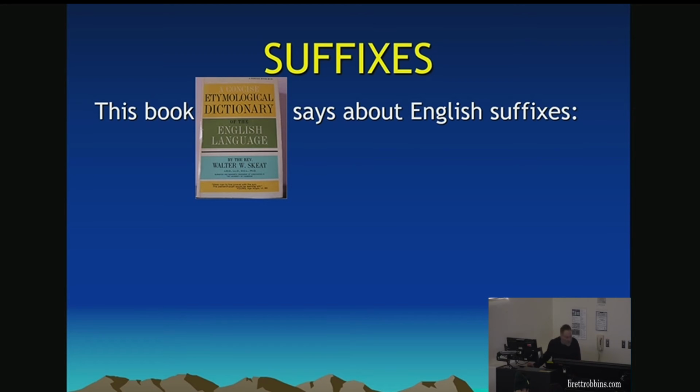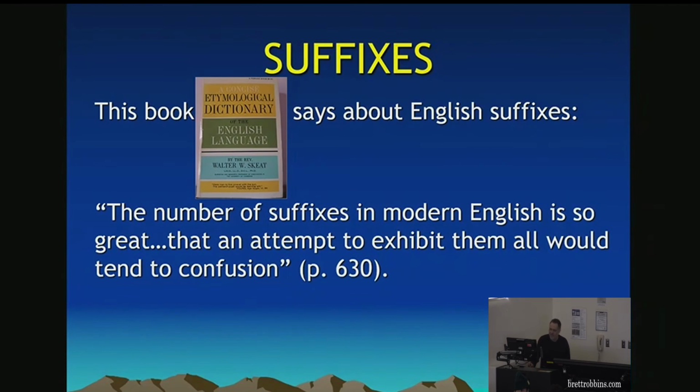Great book, but I'm going to take a little issue here with my friend Skeat, who says this: the number of suffixes in modern English is so great that an attempt to exhibit them all would tend to confusion. Okay, true, and I'm not going to throw them all at you, so don't worry. There's scores of them.